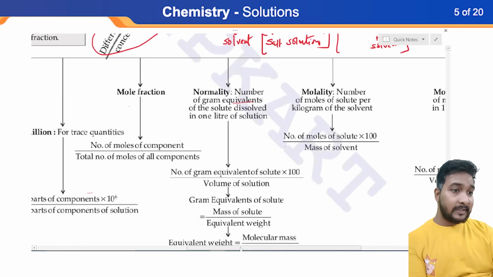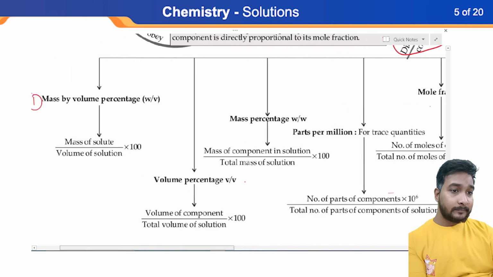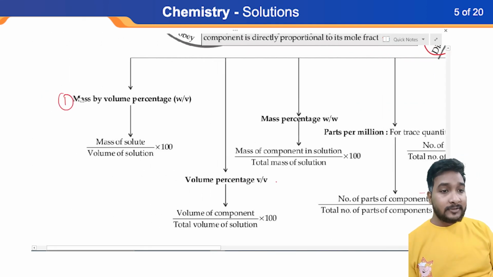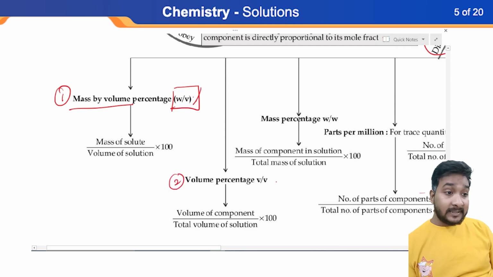So we have different methods here. The first method, as you can see here, is mass by volume percentage. The symbol is W by V percent. Second, volume percentage, the symbol is V by V percent. Third method, mass percentage, the symbol is W by W percent.